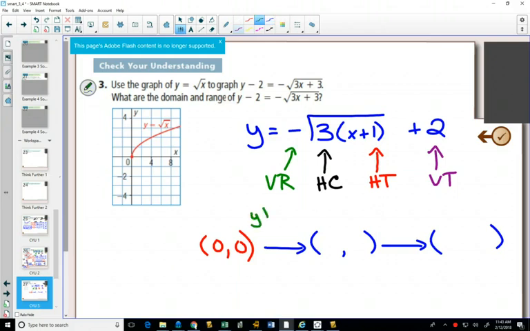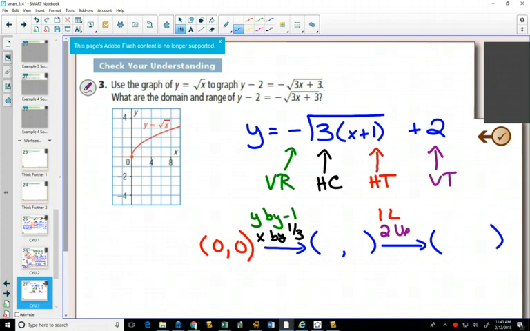That means I'm going to multiply my y's by a -1. The horizontal compression tells me I'm going to multiply my x values by 1/3. Horizontal translation, that's going to go 1 to the left. And vertical translation, that's going to go 2 up. So now everything has been labeled.